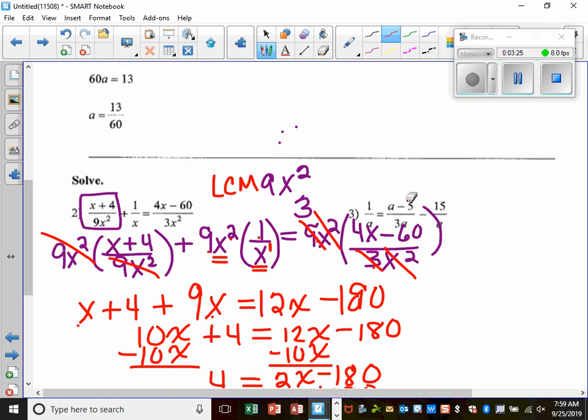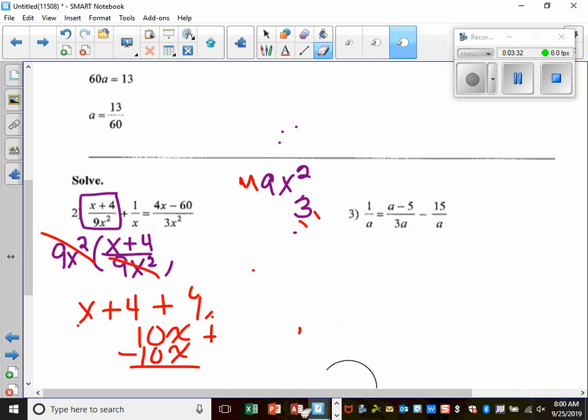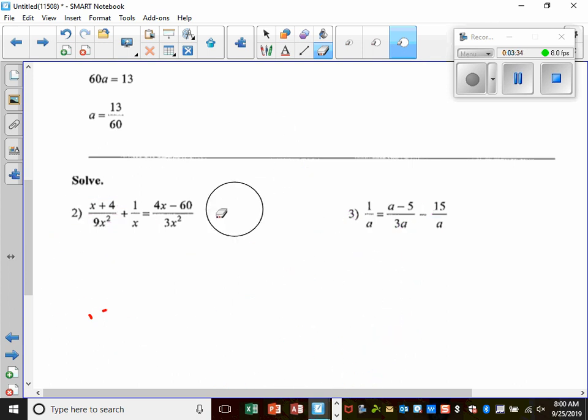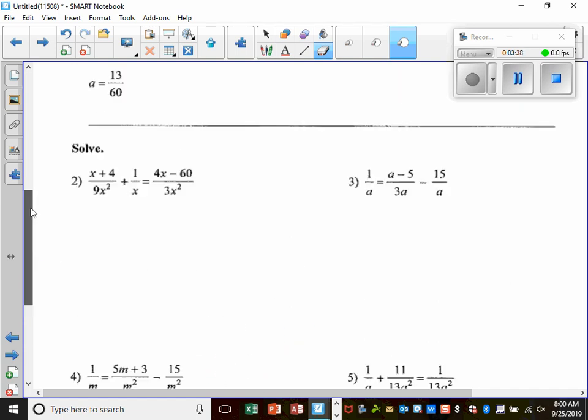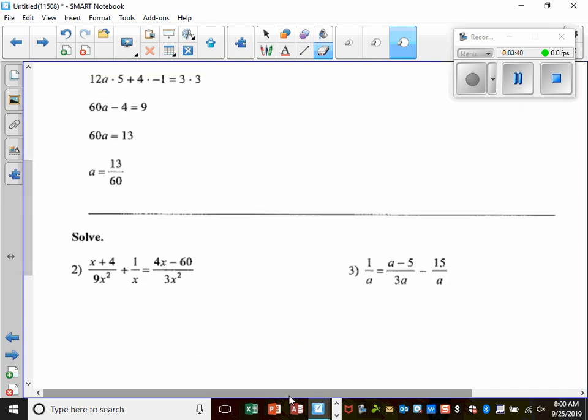We're going to take a look at question number 3. So I'm going to erase this so I'll have some space. In question number 3, your LCM is 3A. Identify what that is and write it off to the side. Then we're going to simply rewrite the problem, multiplying each term by 3A.